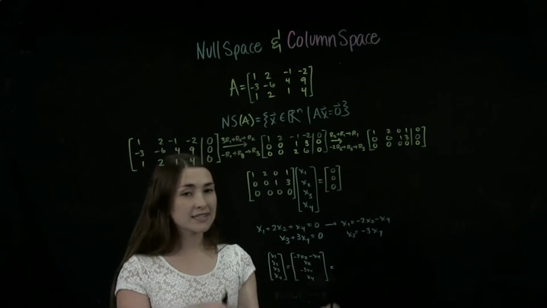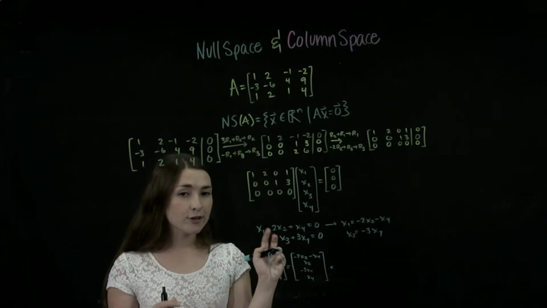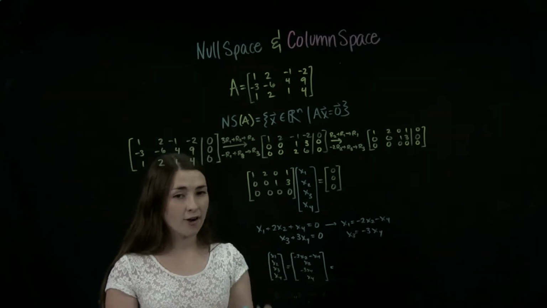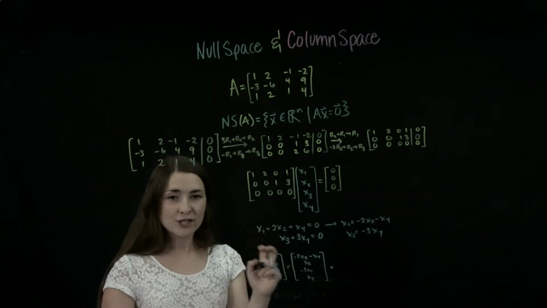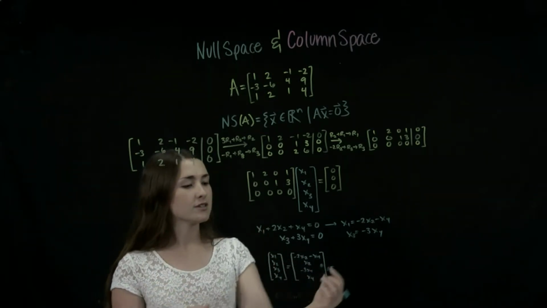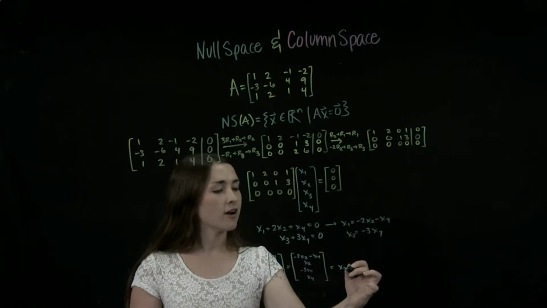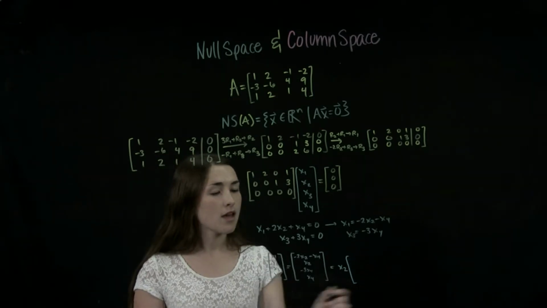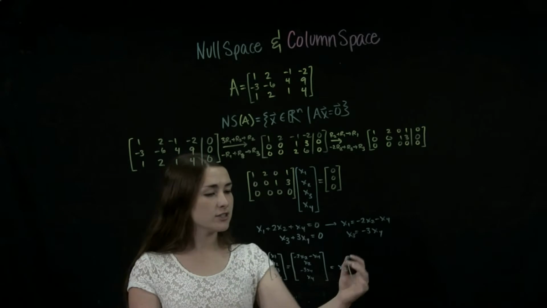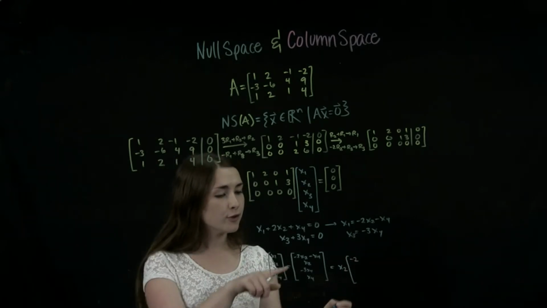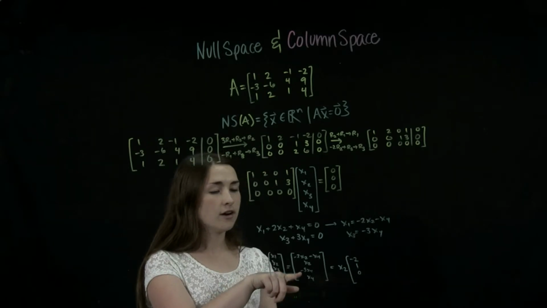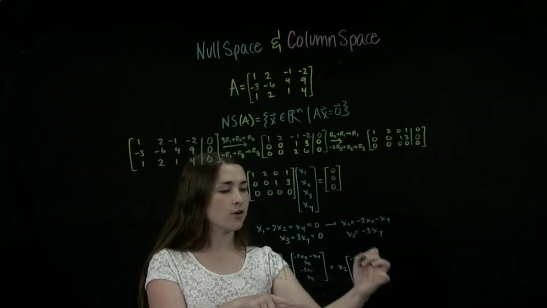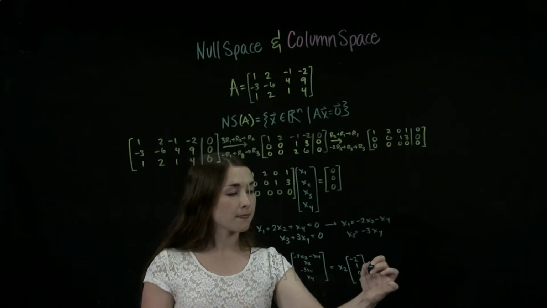So we can write this as a linear combination of two vectors in R4, and their coefficients are going to be our free variables. So we're going to first pull out our x2. There are negative 2 x2's in our first entry, 1 in our second entry, 0 in our third entry, and 0 in our fourth entry.